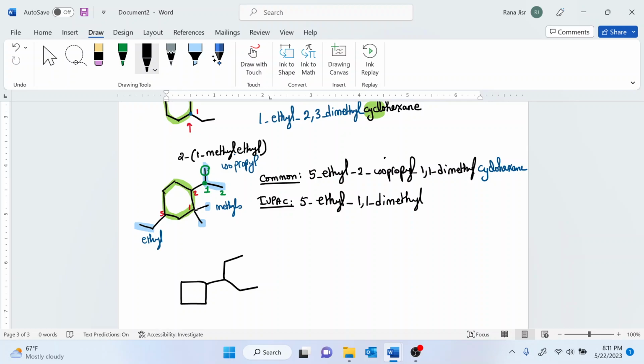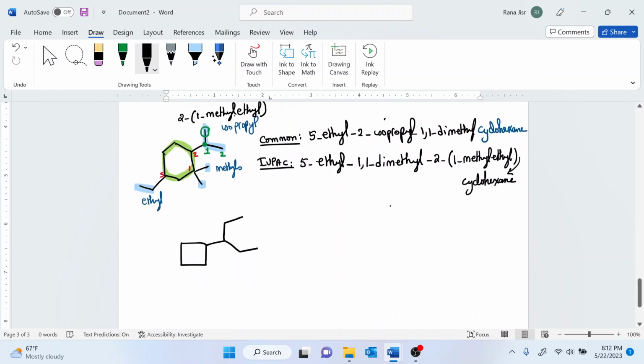We agreed that we're not going to consider the di in the naming. So we're going to drop the di and look at the M when we are alphabetizing. And then we have on carbon number 2, 1 methyl, ethyl. And then at the end, we have our cyclohexane. There is no space. Okay?